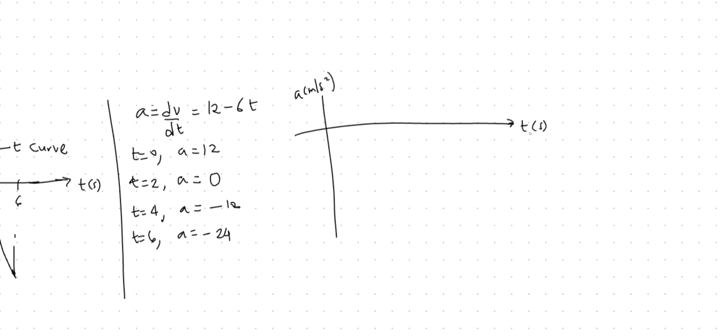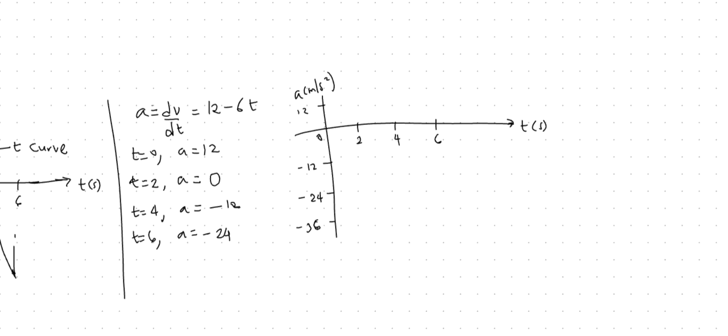Let's give it an interval: this is 0, this is 2, this is 4, this is 6, and on the vertical this is 12, this is negative 12, this is negative 24, and this is negative 36.